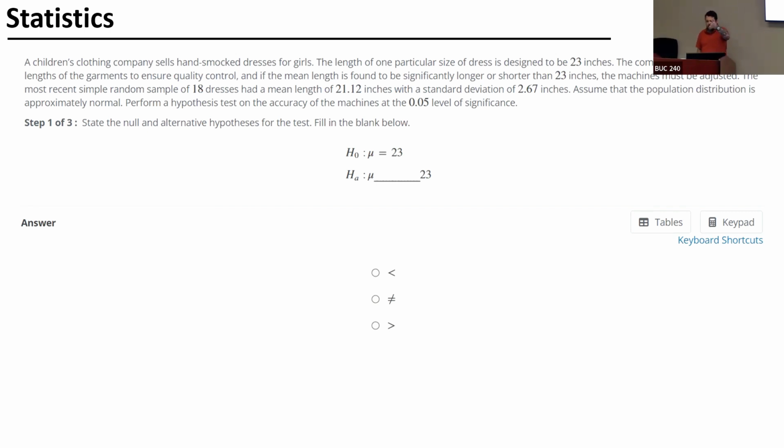Then 23 inches, the machines must be adjusted. The most recent simple random sample of 18 dresses had a mean length of 21.212 inches with a standard deviation of 2.67 inches. Assume that the population distribution is approximately normal. Perform a hypothesis test on the accuracy of the machine at a 0.05 level of significance.